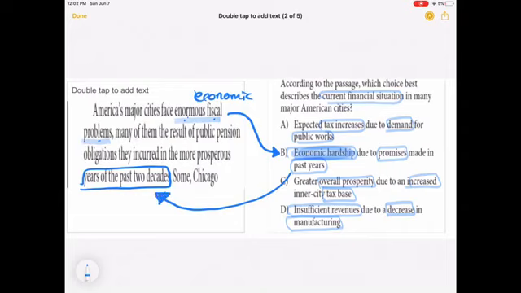So I've already found 2 keywords and I definitely know that this is the answer. However, to make sure, I'm going to search for the promises just to be sure. Many of them the result of public pension obligations they incurred. So here are my promises. Obligations they incurred refers to the promises. So the correct answer is B.